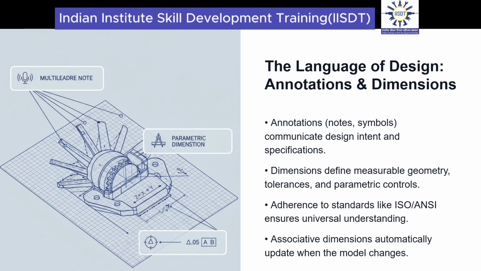This system includes critical information like tolerances, which define the acceptable range of variation for a given measurement. All of this is governed by international standards like ISO and ANSI to ensure clarity and consistency across industries. This rich layer of information sets the stage for our inquiry commands, which we use to verify and analyze the data established by these fundamental elements.